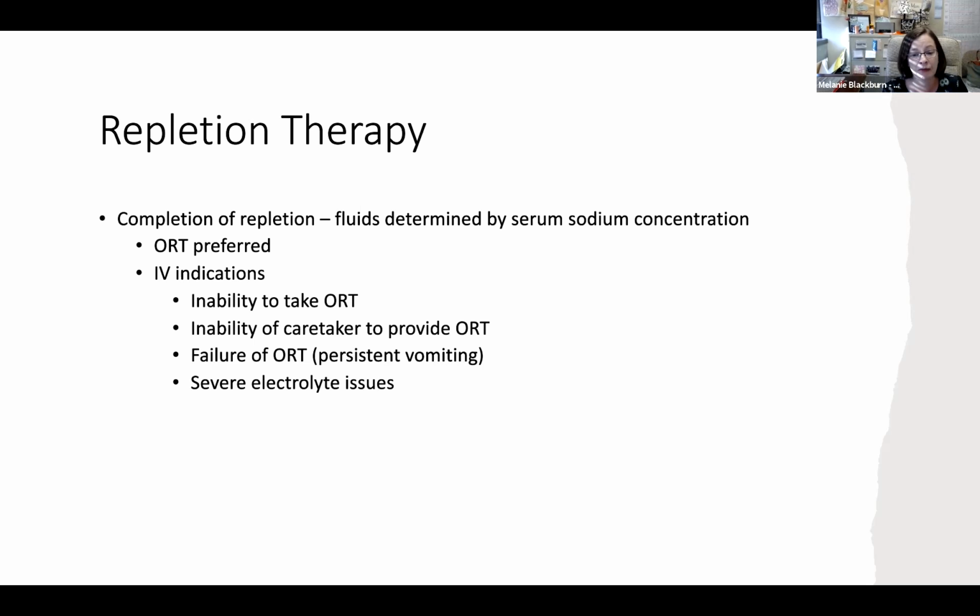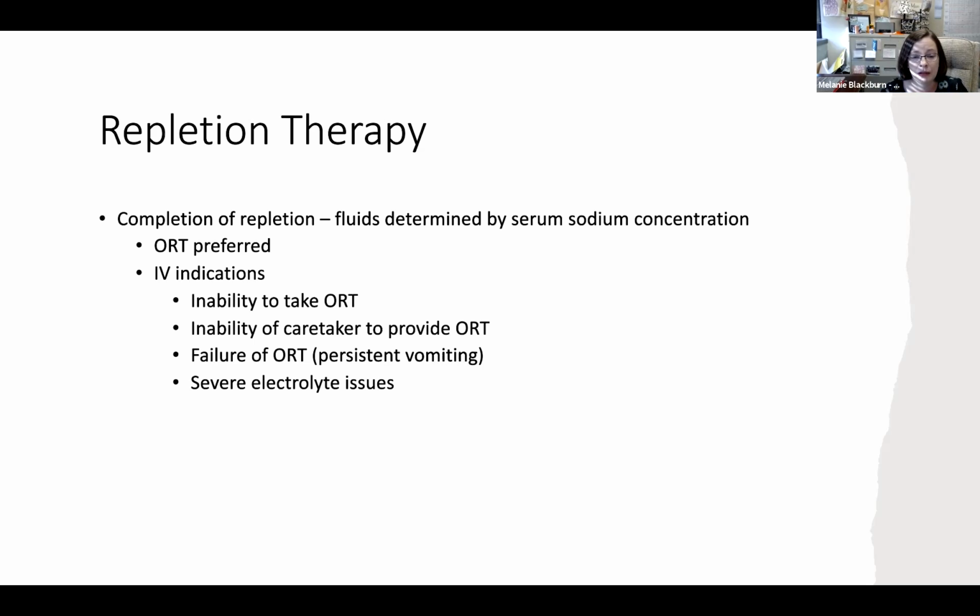There are sometimes where we have to use IV. This is if our patient cannot take PO, or if they have something going on where they're physically not able to take oral fluids, then we would have to use IV. If you have a caretaker that you just can't trust, or who is not present, a lot of our kids are in the hospital and their caretakers are not there, and if you don't have someone at the bedside to push oral rehydration, then you're going to have to use IV.